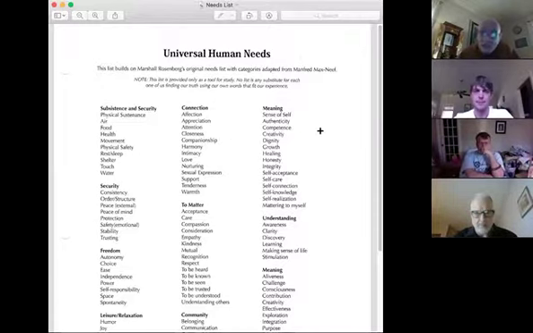So substance and security: physical sustenance, food, air, health, movement, the ability to move freely. International borders inhibit that to some degree.